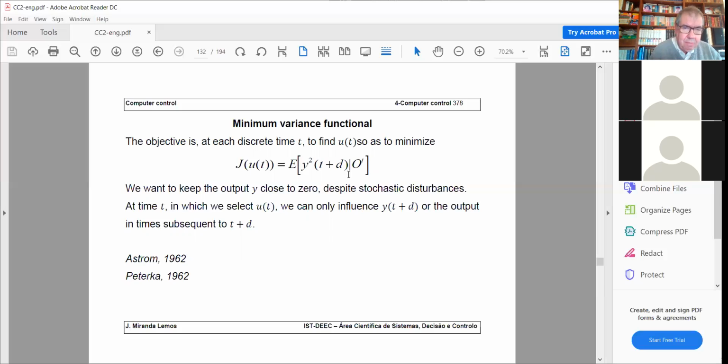So minimum variance control cancels all the zeros. If we have a zero outside the unit circle, disaster: you have an internal instability. But with LQ control, if you have a zero outside the unit circle, the pole will be placed not over the zero, but in the mirror of the zero, which is inside the unit circle. That's the advantage. Any question?